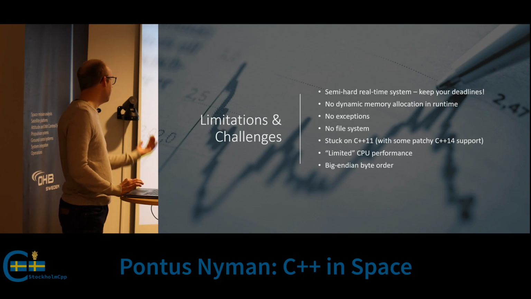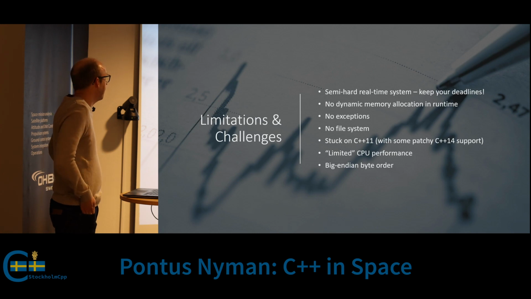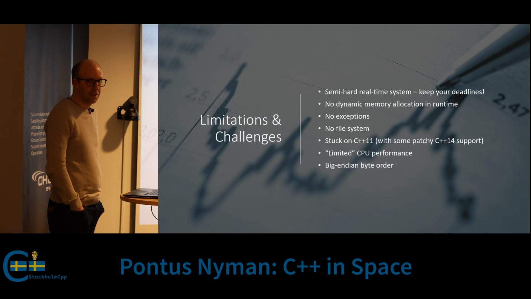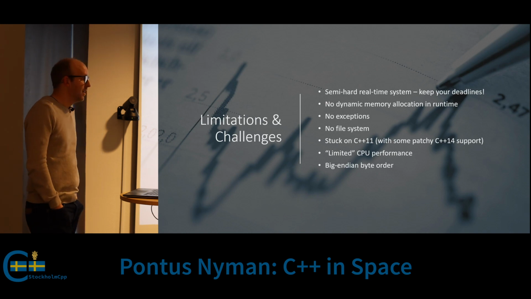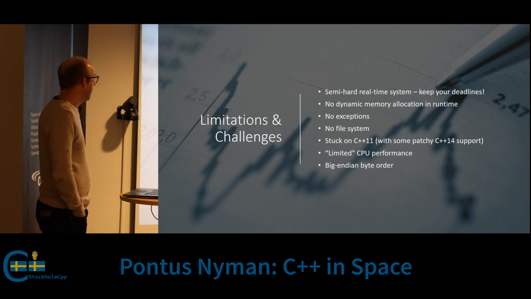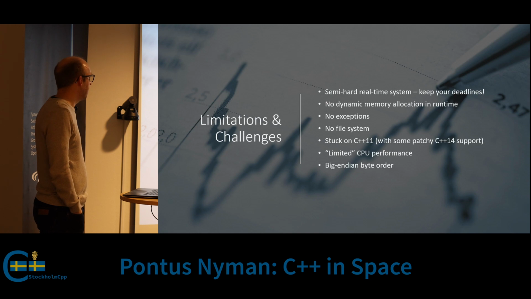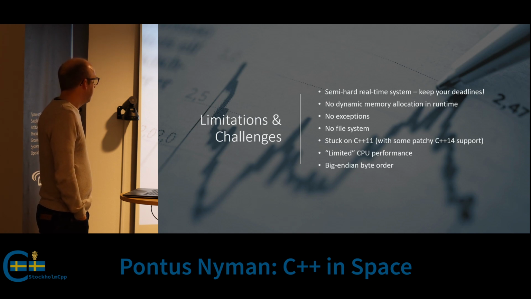Then we have this. We are pretty stuck on C++11. Our cross compiler is based on GCC version 4.8.3. So it's like 10 years old. And our supplier just refused to give us a new one. I've even tried to build a toolchain myself.